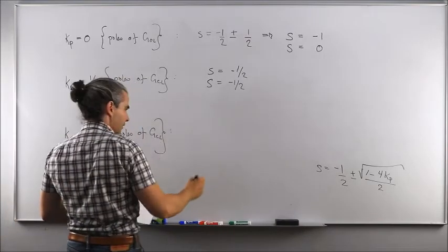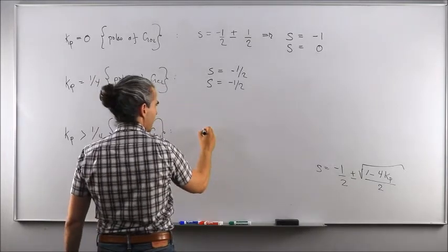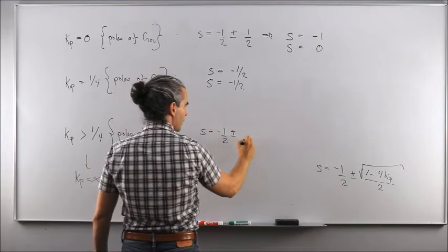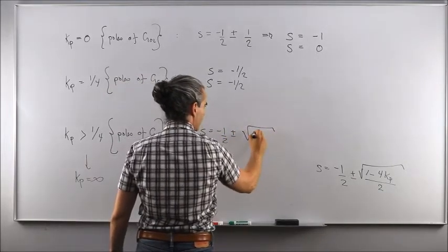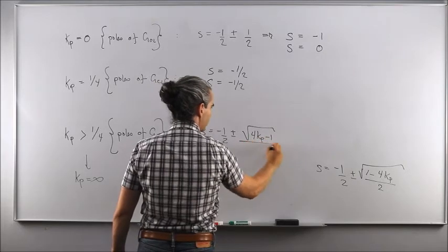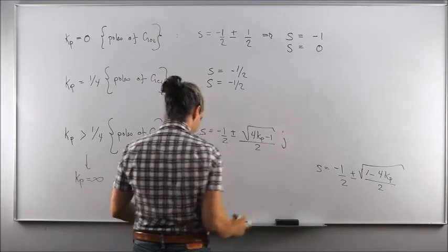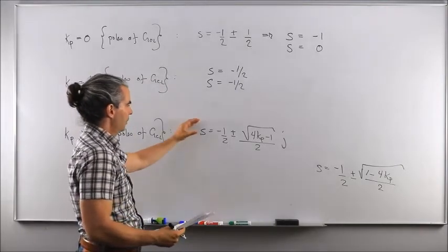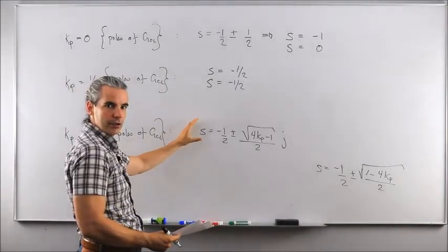In that case, well, you get what you have here. So s will be equal to minus 1/2 plus minus square root of 4 Kp minus 1 over 2 times j. So a pair of complex conjugate poles in the complex plane.